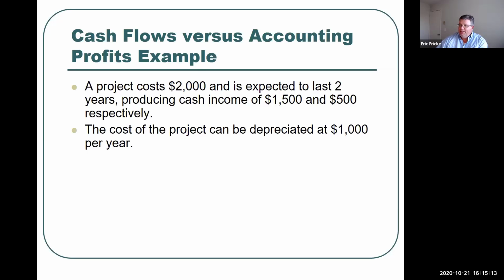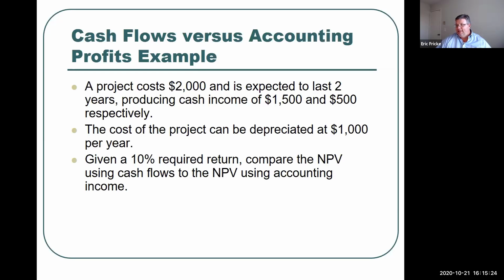The cost of the project can be depreciated at $1,000 per year for those 2 years. So straight line depreciation, no salvage value. And the required return, or discount rate, is 10%. Let's go ahead and compare the NPV of using cash flows versus the NPV of using accounting income.